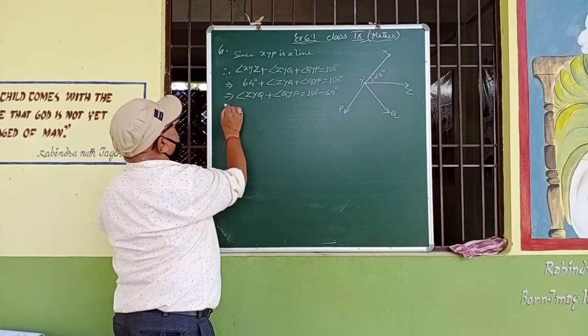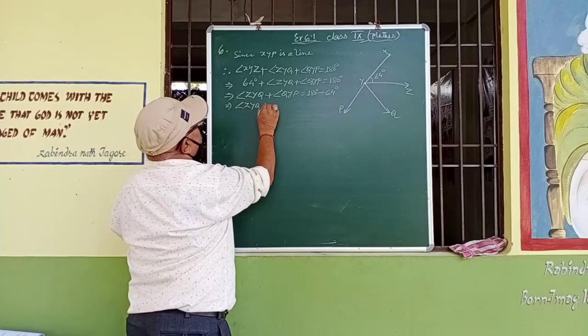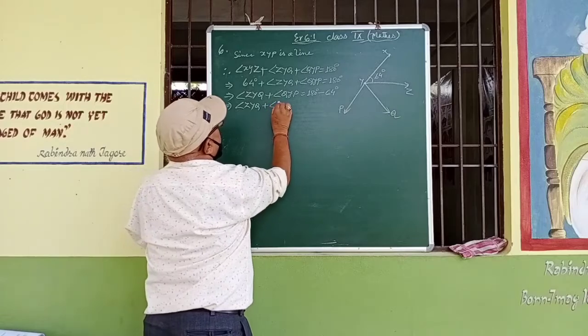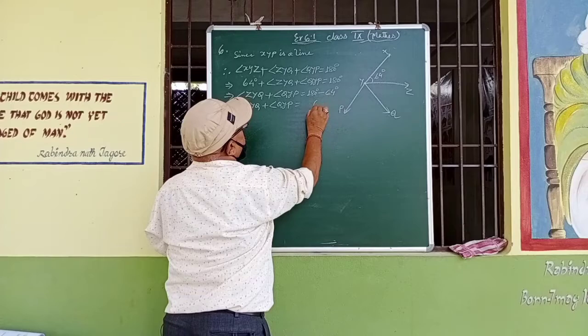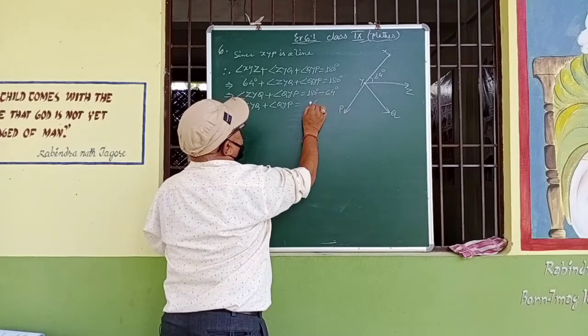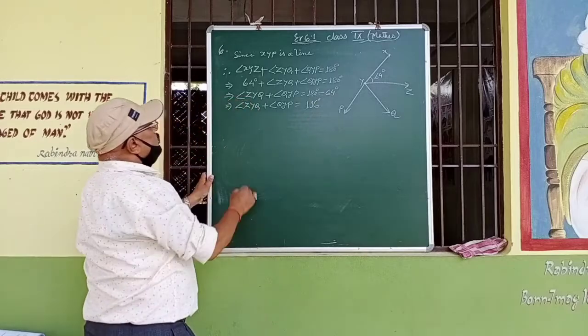Or ZYQ plus QYP is equal to 180 minus 64, which is 116.